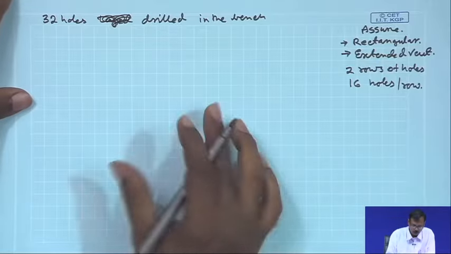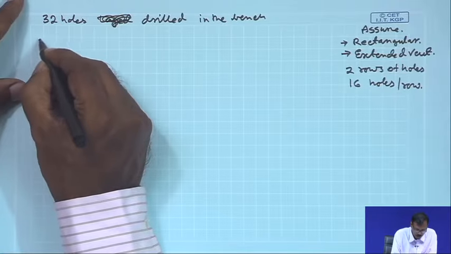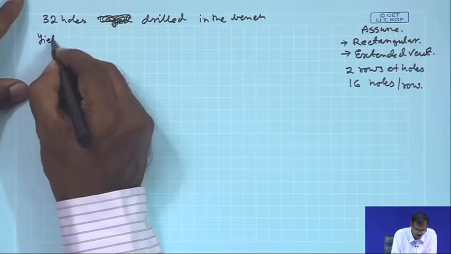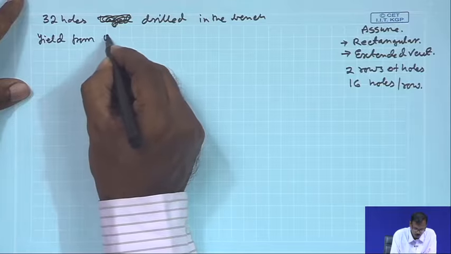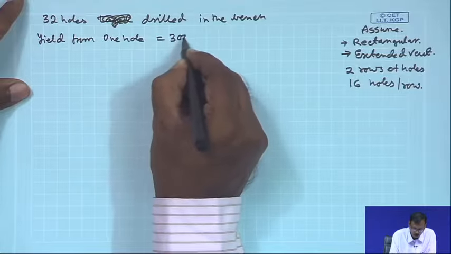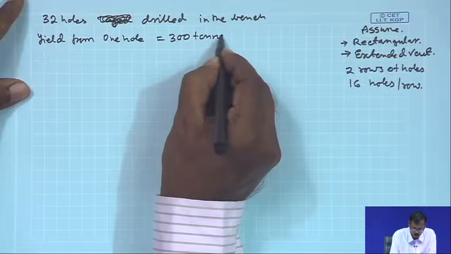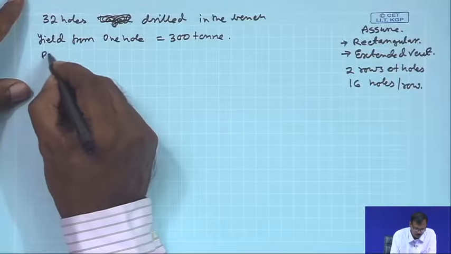We know the yield from one hole is 300 ton.